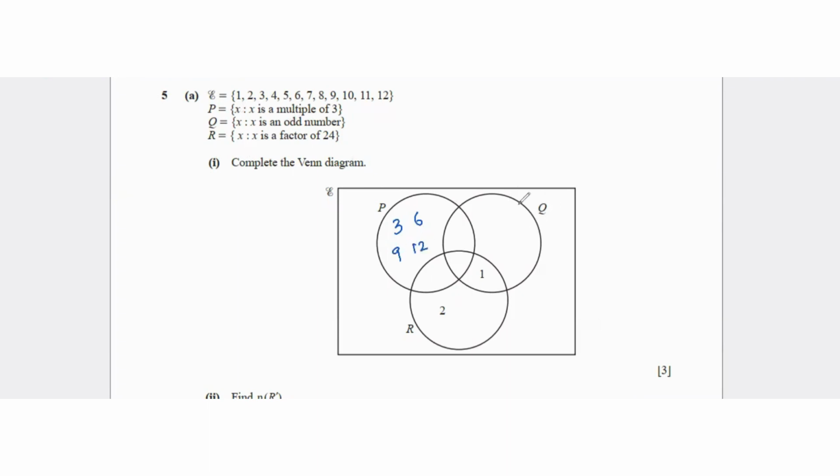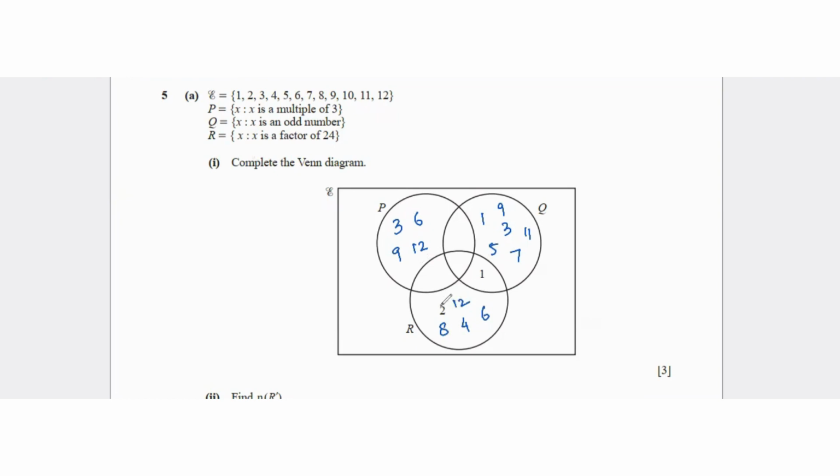Q, odd numbers: 1, 3, 5, 7, 9, 11. And R, factors of 24: 1 is already given, so 2, 4, 6, 8, 12.